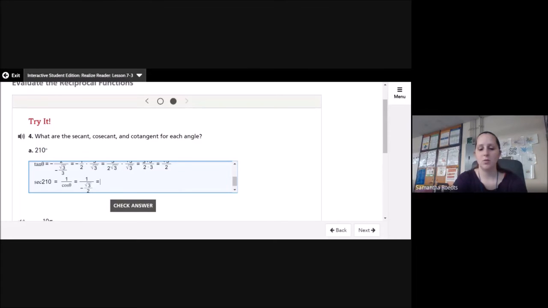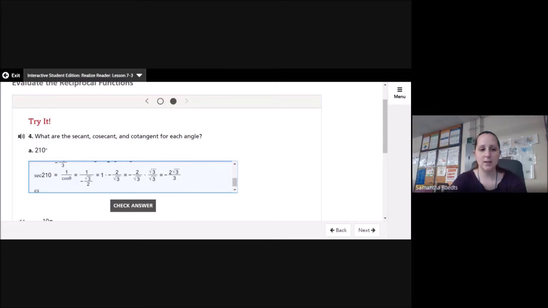Gives me 1 times negative 2 over the square root of 3. So that gives me negative 2 over the square root of 3. Again, I want to multiply both sides by the square root of 3 over the square root of 3 to get that square root out. So I have negative 2 square root 3 over 3. So that's for my secant.